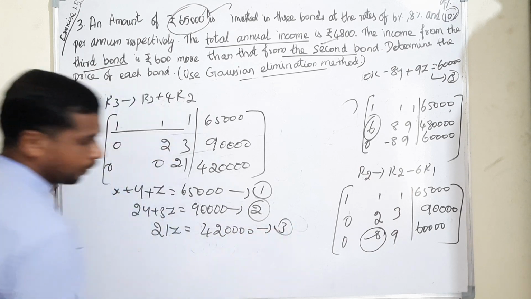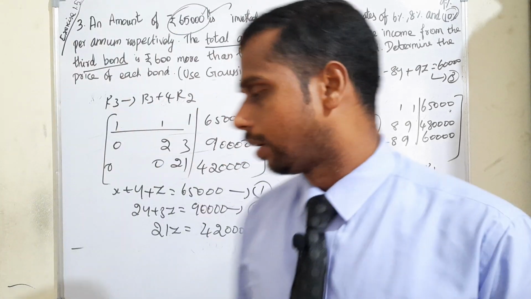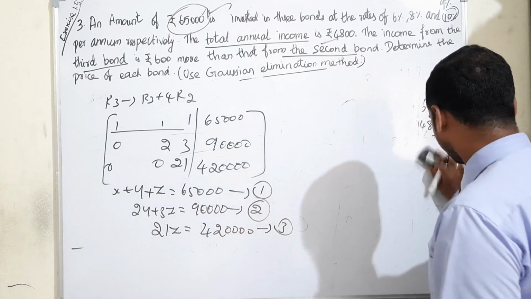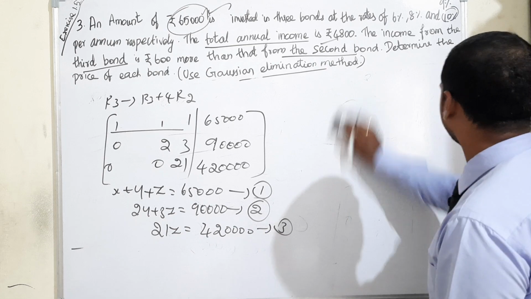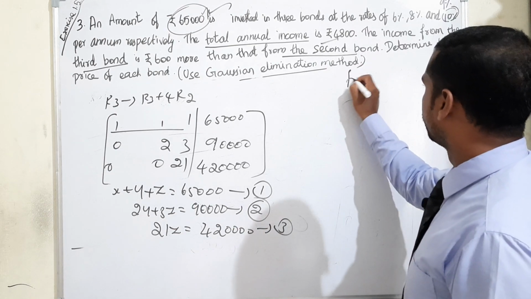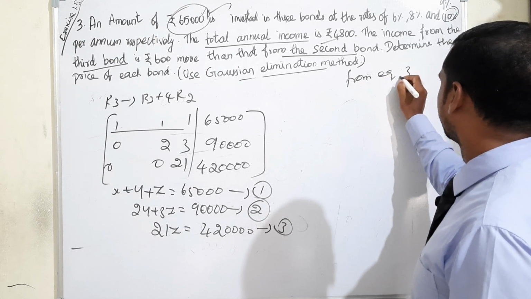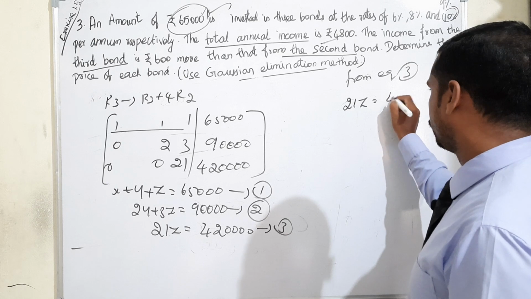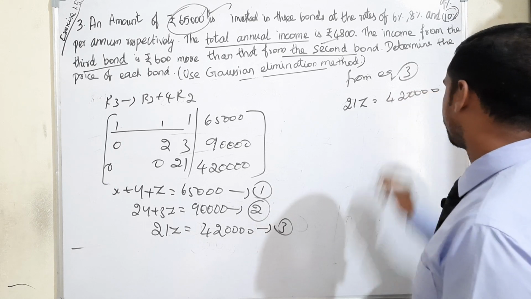This is considered equation number 3. So from equation number 3, 21z is equal to 420,000.